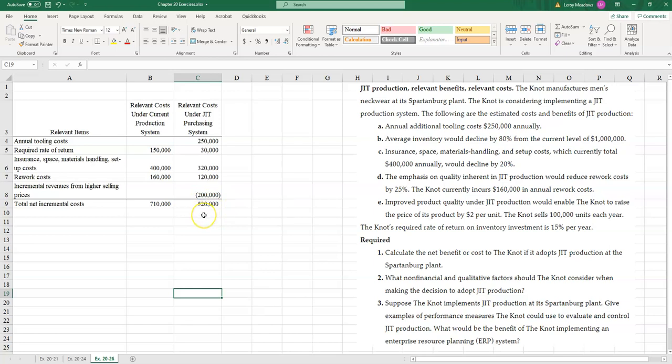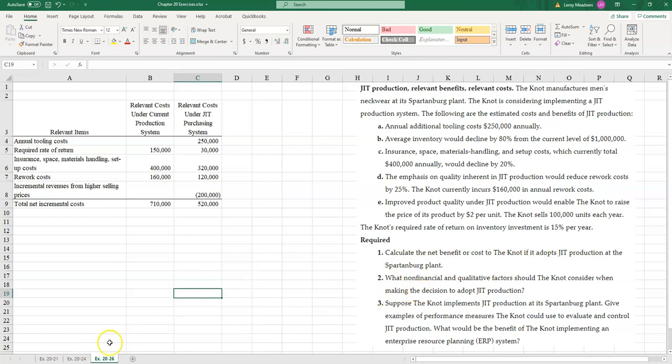So I have an annual difference of $190,000 in favor of adopting the just-in-time purchasing system, because although I am having more costs with annual tooling costs, some other costs come down, but I'm also offsetting a lot of those costs with additional revenue that I could not otherwise charge in my current production system. So that is the net benefit if we adopt just-in-time production at the Spartanburg plant.